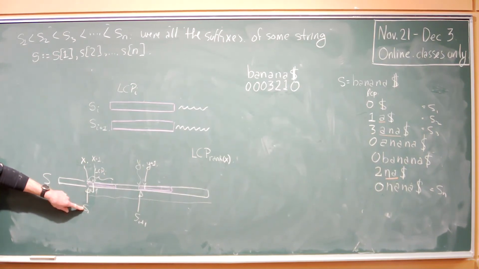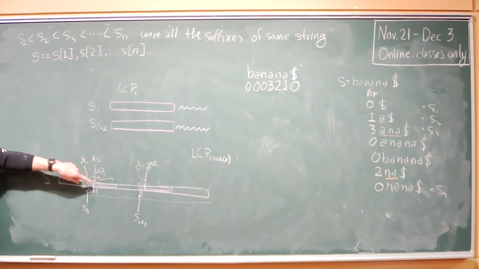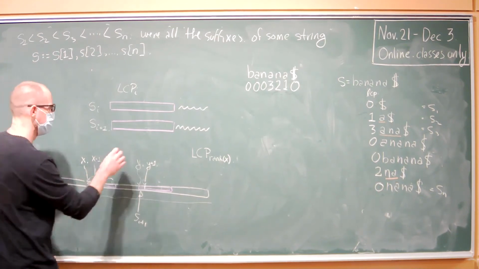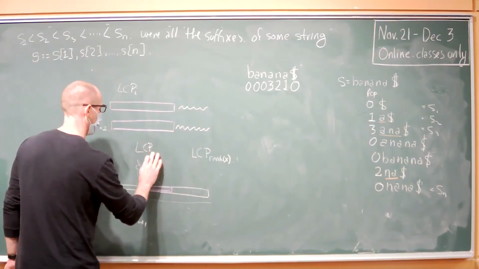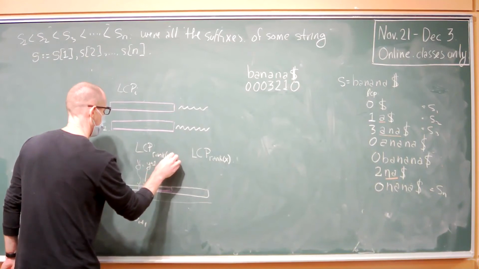So that's what we're looking at here. The LCP of the string whose rank is X is the LCP of this string i. So that's one thing we've got. And we're also looking at the LCP of the rank of X plus 1.